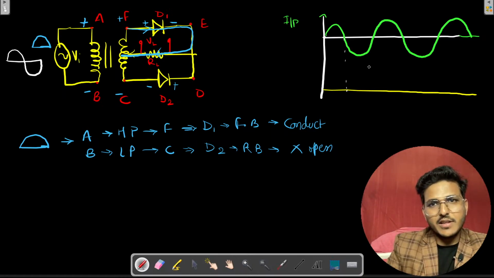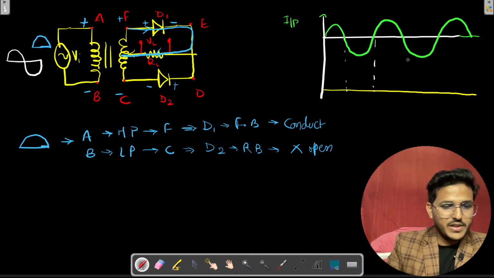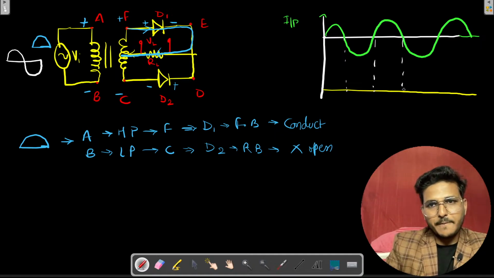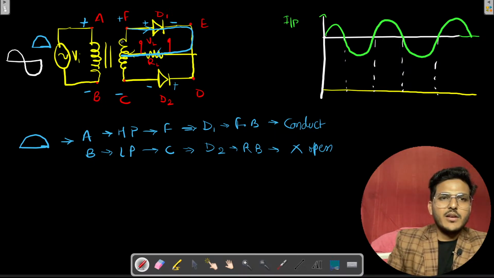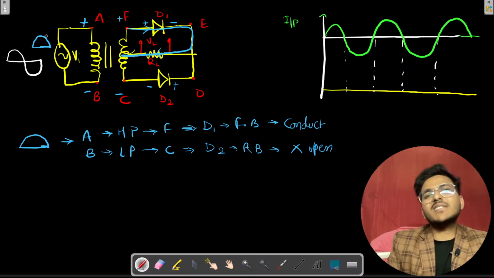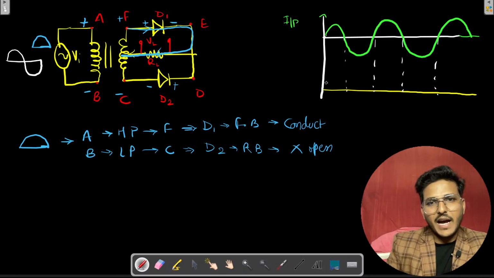I'm just drawing the frames. This is the frame basically. See what I'm talking about. For the first half of the AC source, diode D1 conducts so that at the output we have an output signal.